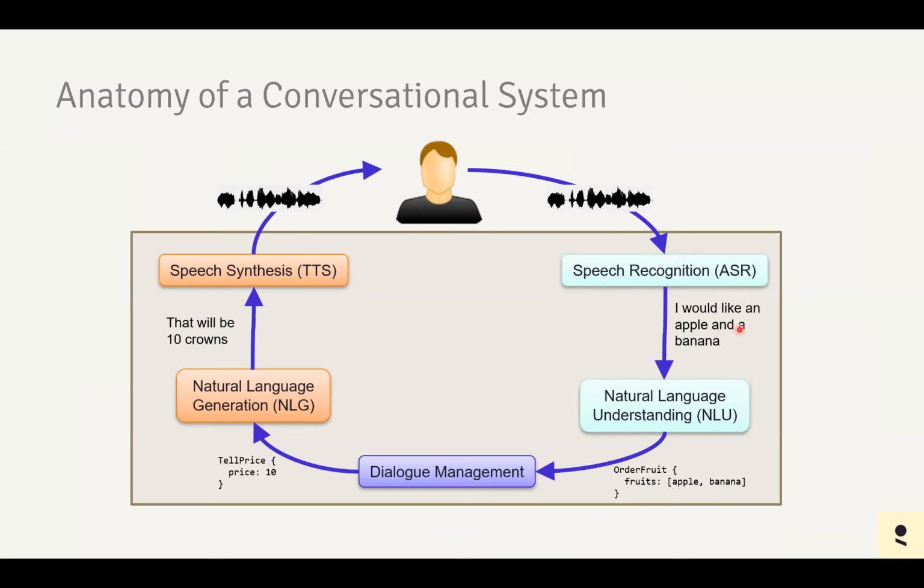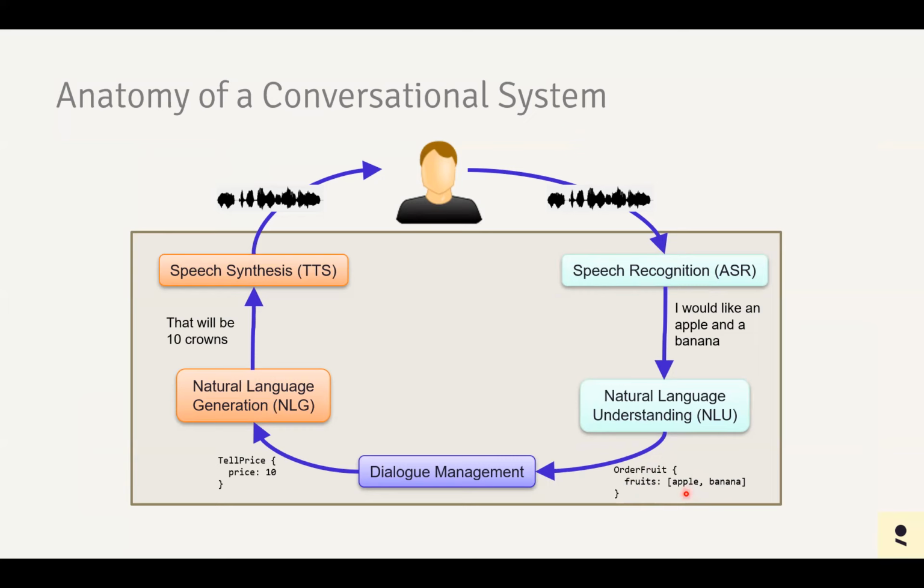The next module in this pipeline is then the natural language understanding that you find here. And the task of that module is to transform this text into a semantic representation, something that the system can use in order to know what the overall intent of the user is. So in this case, if the user says, I would like to have an apple and a banana, we would like to represent it perhaps some way like this.